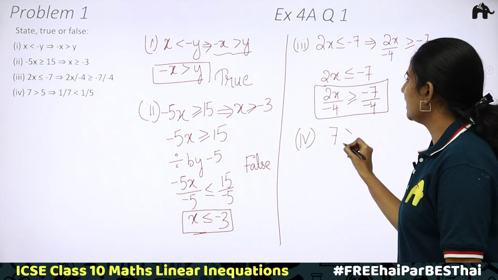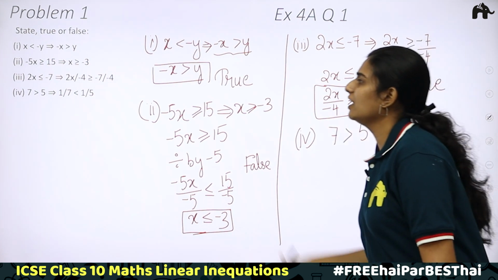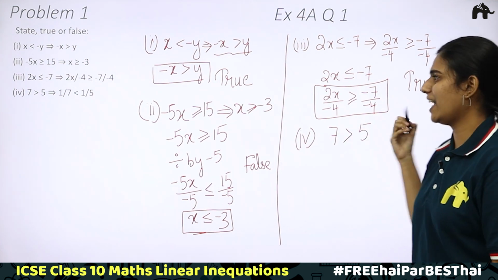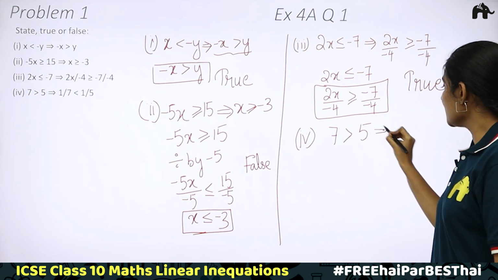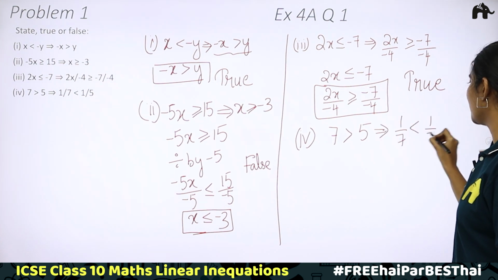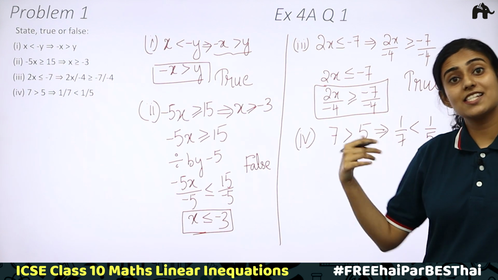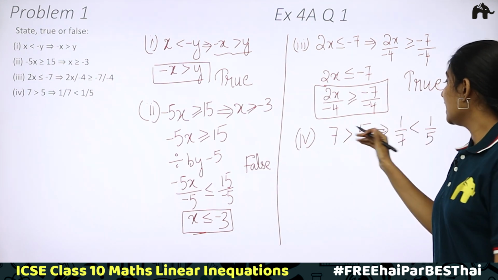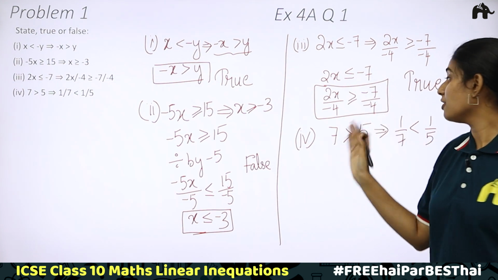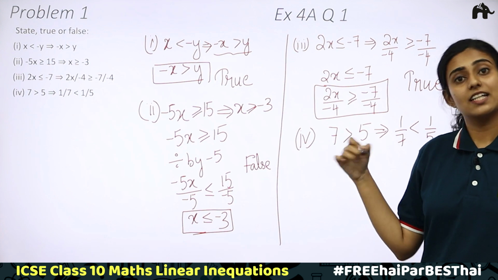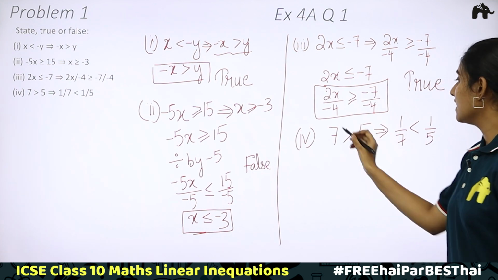Now the fourth part. 7 greater than 5. Here we don't have any variables. This is something that we know. 7 greater than 5 implies 1 by 7 less than 1 by 5. This is our sixth rule, in which when you take the reciprocal on both sides, you will have to reverse the inequality.